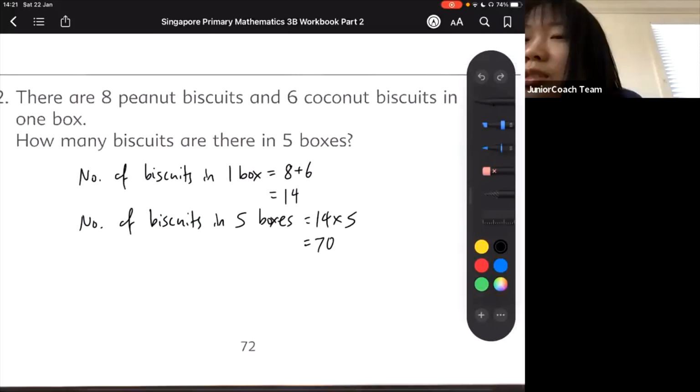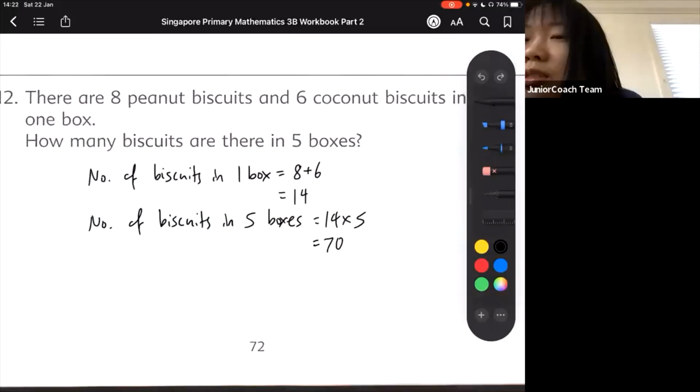Alternatively, another way of doing this is that you can find the number of peanut biscuits in 5 boxes and the number of coconut biscuits in 5 boxes. So let's just say P for peanut in 5 boxes is 8 times 5 equals 40.